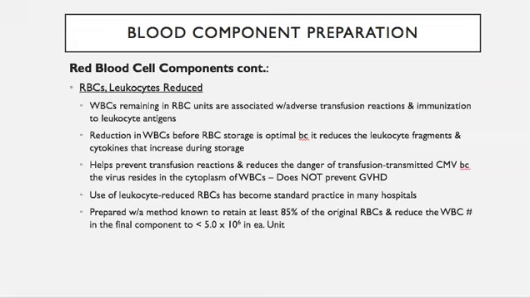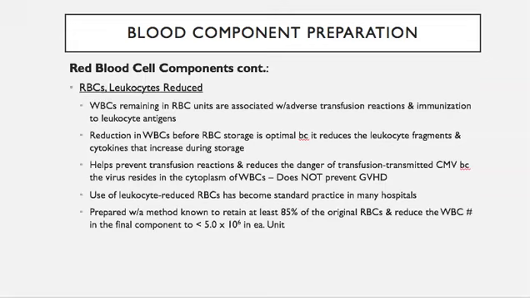Okay, leukocyte reduced red cells. White cells remaining in red cell units are associated with adverse transfusion reactions and immunization to leukocyte antigens. Reduction of those white cells before the red cells are stored is optimal because it reduces the leukocyte fragments and cytokines that increase during the storage period.